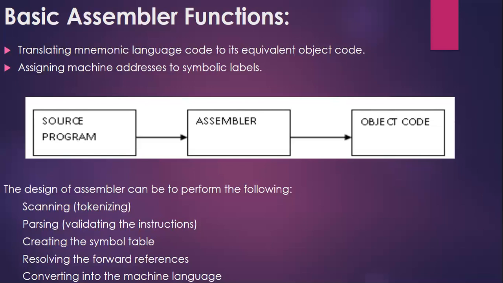Then later, parsing, which means validating the instruction. Whatever instruction we write in our program, whether it is a proper instruction or not. In ATC, automata theory, we had parse trees and we were checking ambiguity.